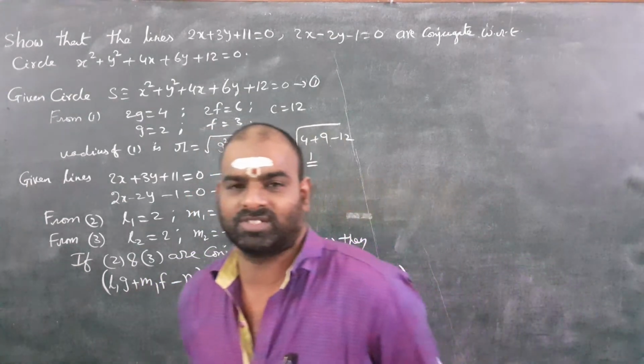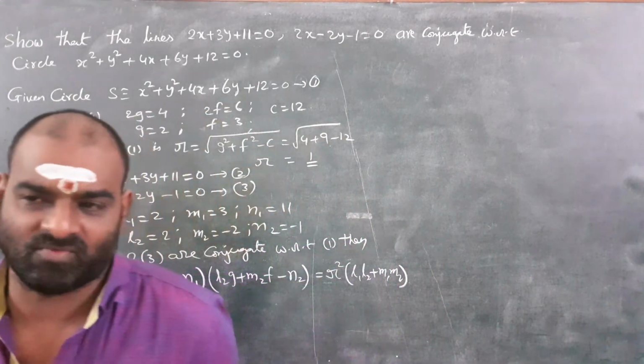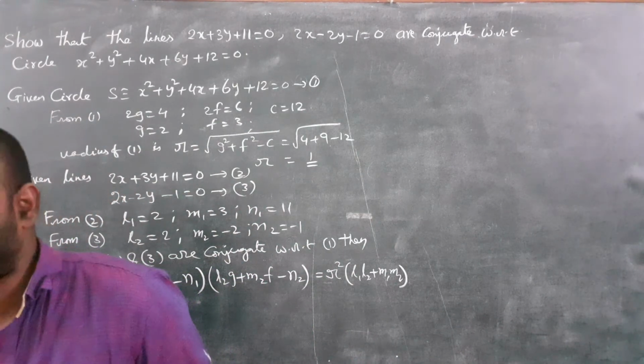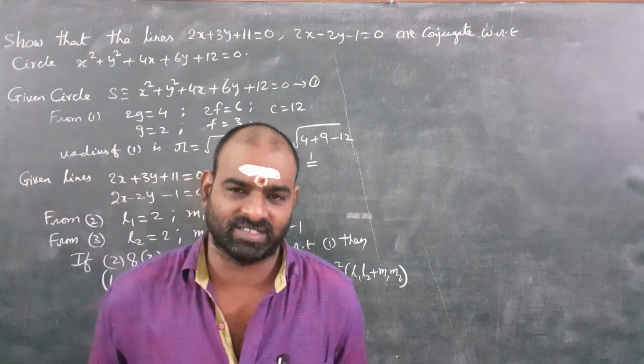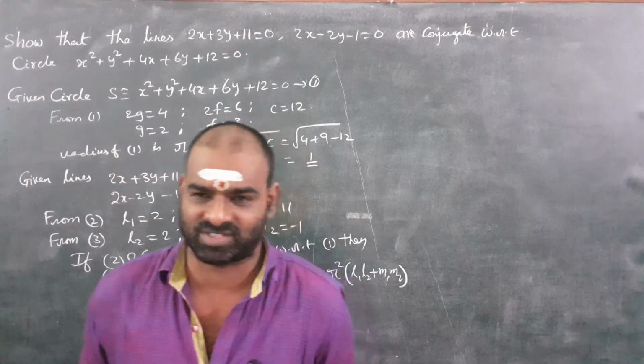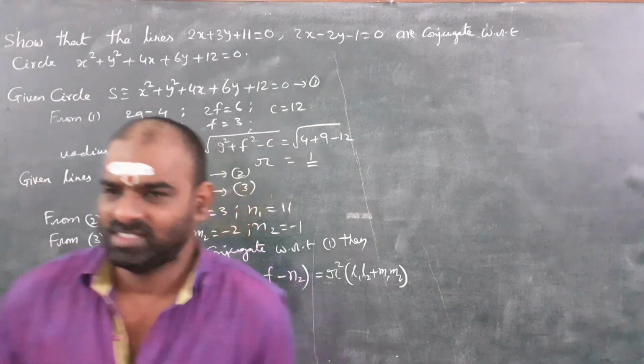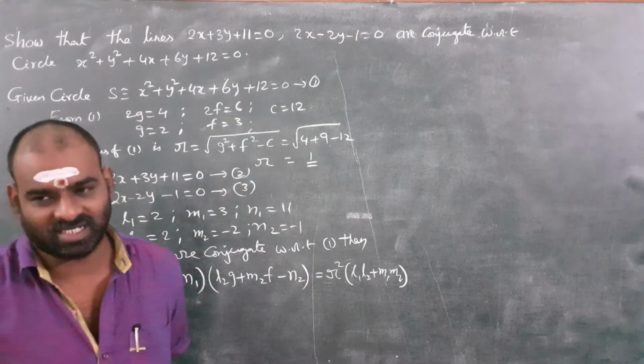Before solving this problem, what are conjugate lines? First of all, we should know the concept of conjugate lines. The concept was already discussed in our previous concepts class. So what are conjugate lines?